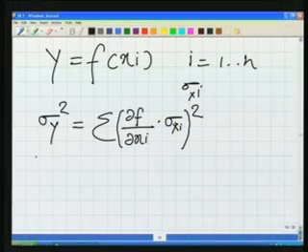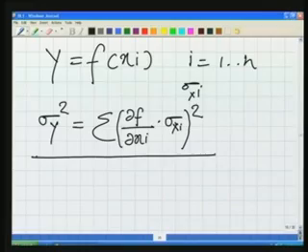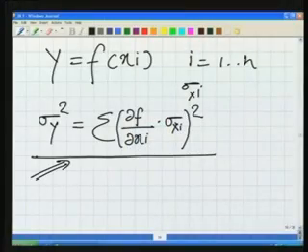So this is how it is given. So what you can do now, you can make use of this and compute the standard deviation of your final value. So we will do a little example over here, and we will see something very interesting out of that example when we make use of this.